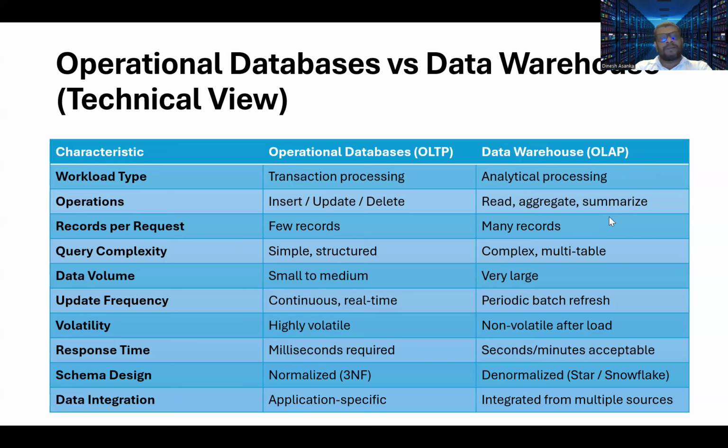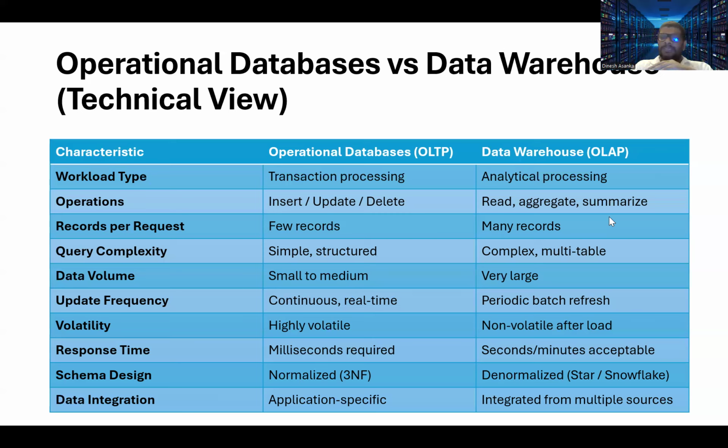Records per request: you enter the customer code in a bill, you get one customer description, the customer name. You enter the product code, you get the description for that particular product code. So few records. But in data warehouses, it is last month versus this month, last year versus this month. Therefore, in the comparison, in data warehouses you are looking at a large number of records. Query complexity: transactional queries are very simple, right?